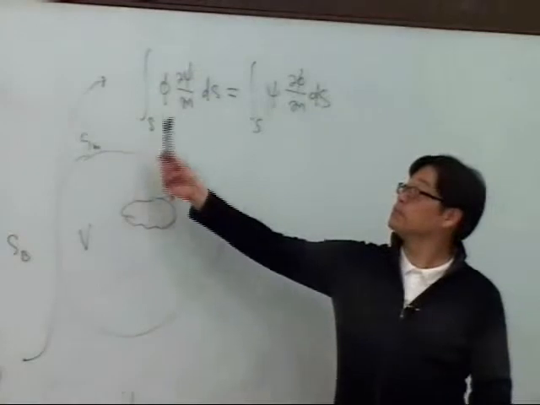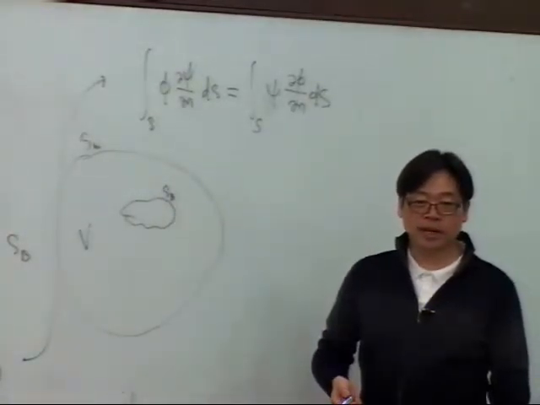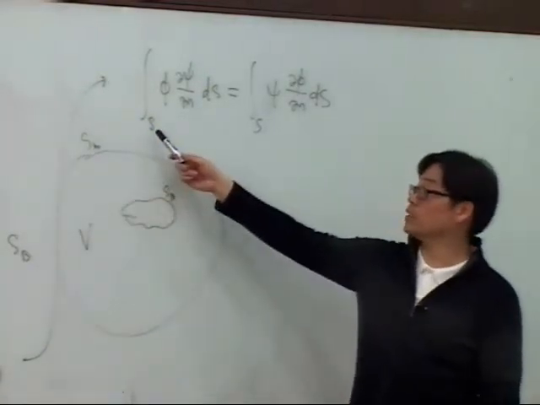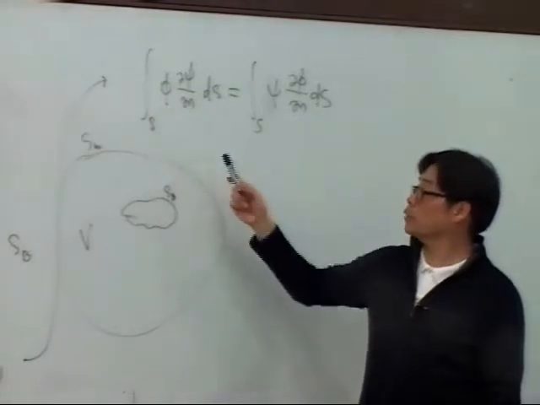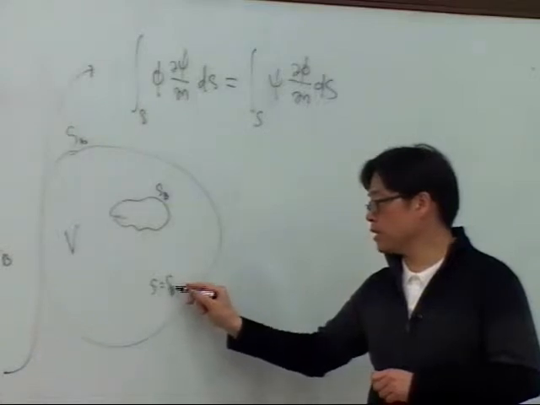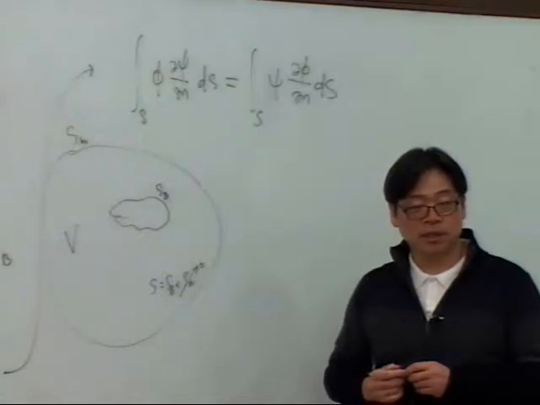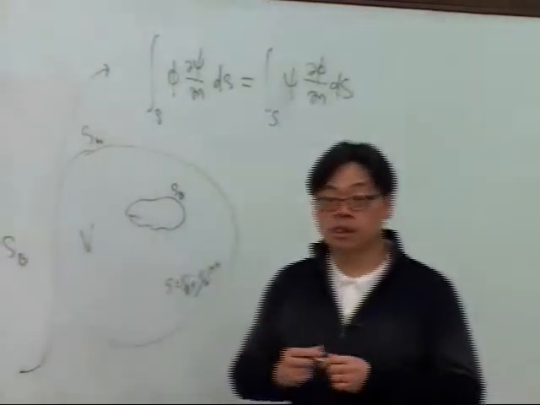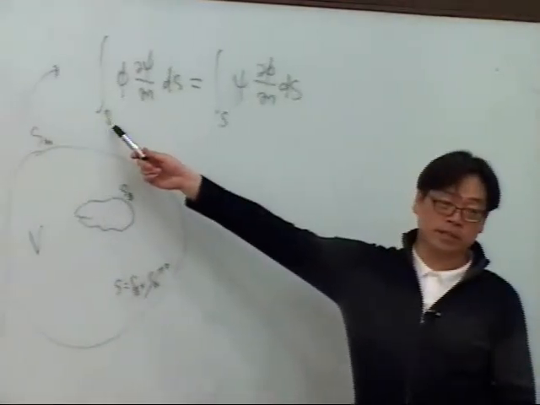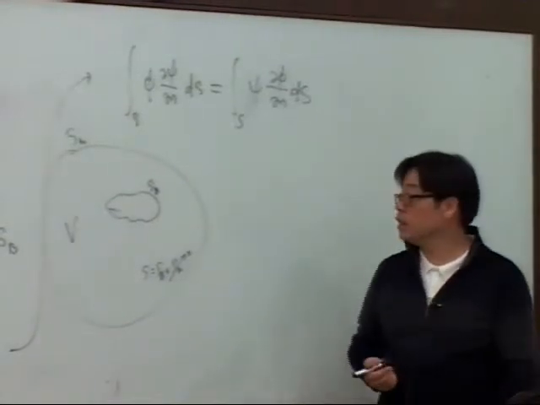At infinity, grad phi goes to 0, so I don't have to worry about this. So I can change this to S, which is S B plus S infinity. But the S infinity contribution is 0 because of that. And therefore I can just replace S by S sub B, the integration over the body surface.